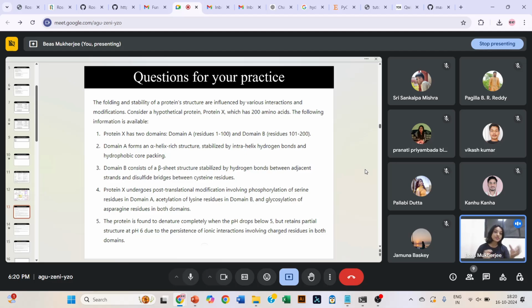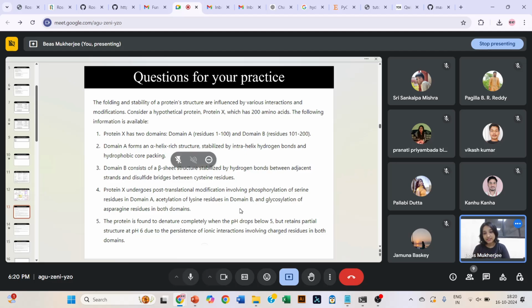So what is glycosylation? Sugar moieties are getting added onto asparagine residues, that is N-glycosylation. In the asparagine side chain nitrogen, this entire sugar group gets added, that is N-glycosylation. But if it is added to O, then it is called O-linked glycosylation.